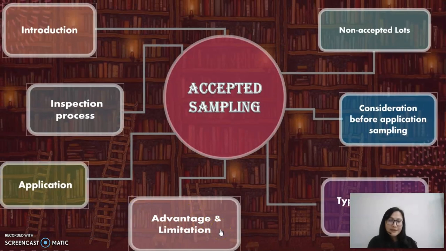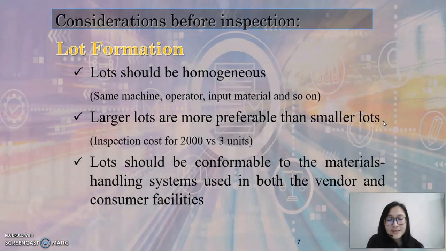Okay, after understanding the types of accepted sampling, some considerations are needed before we apply accepted sampling in the production line. That is, the lot must be homogeneous. That means the product must be produced from the same machine, same operator, same input material, and so on, so that we can make the assumption or decision that is good enough and accurate for the product.